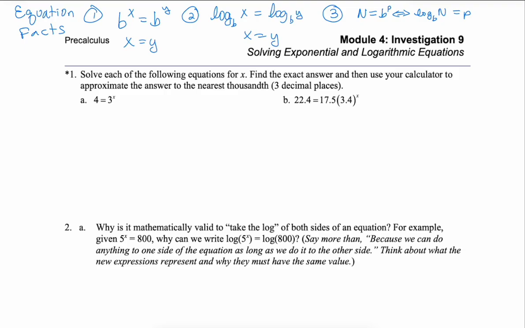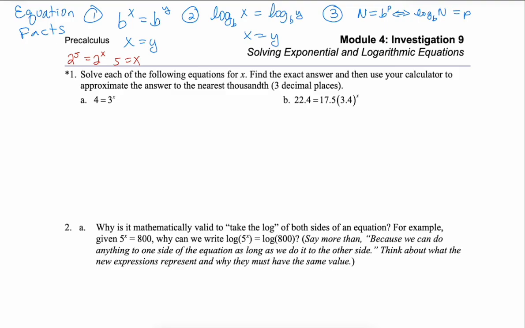What that means is, let's say you get 2 to the 5th equals 2 to the x, we know that 5 is equal to x. I've done that sometimes as we've gone through it, but it's an actual property of equality.